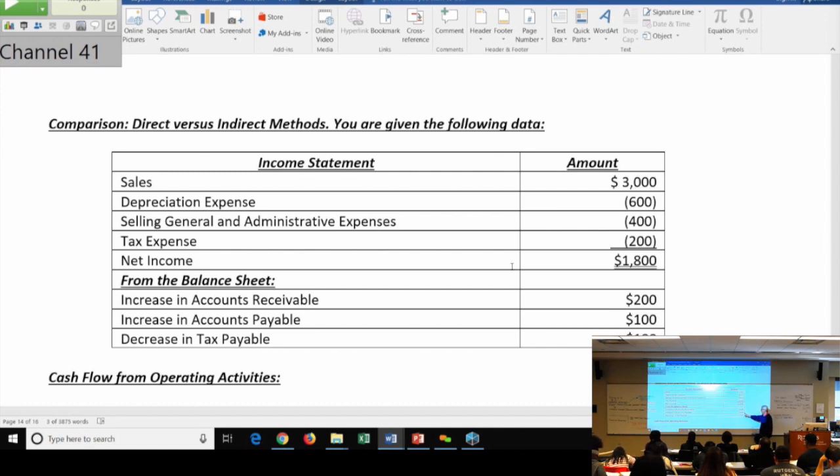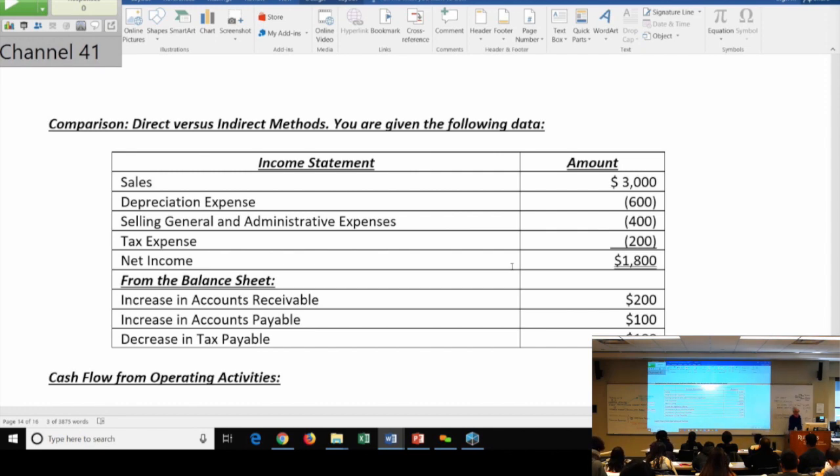And if tax payable goes down, not only did I pay for the taxes that I expensed, but I paid for some of last year's taxes. Right? If your tax liability drops, it has to be paying off some from last year as well.